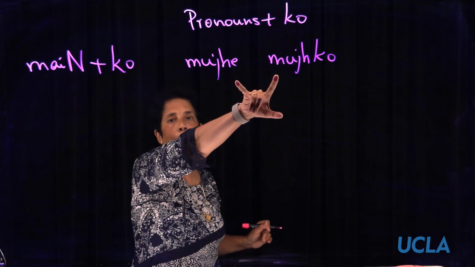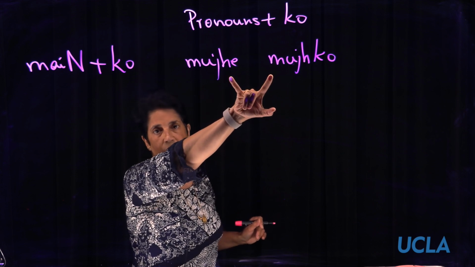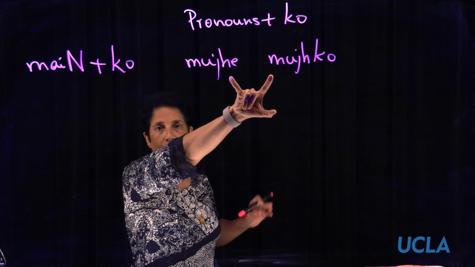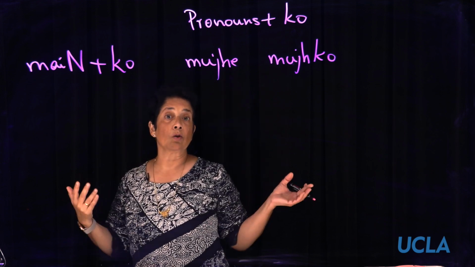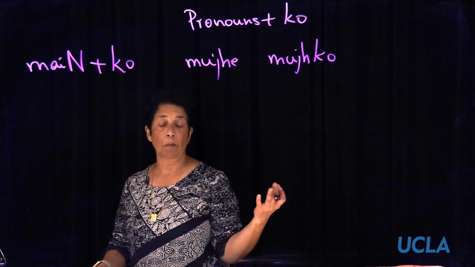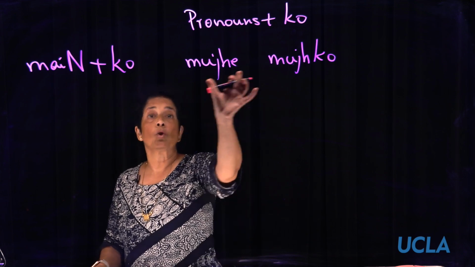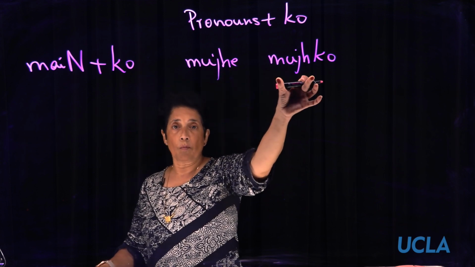Mujhe or mujhko. What is the difference between mujhe and mujhko? There is no difference. Doesn't depend on the weather, doesn't depend on your mood, nothing. Okay. Why do we need to know both? Because we don't know what you'll hear or read or come across in your reading. So you should know both forms. So मैं plus ko gives you mujhe or mujhko.